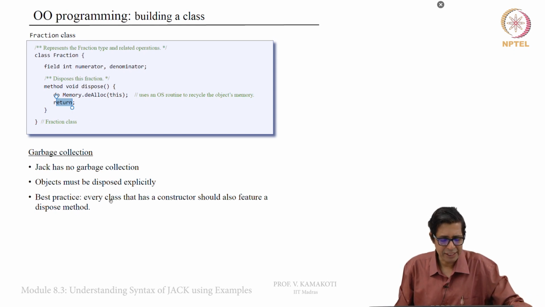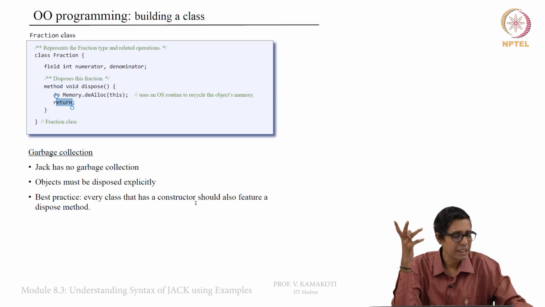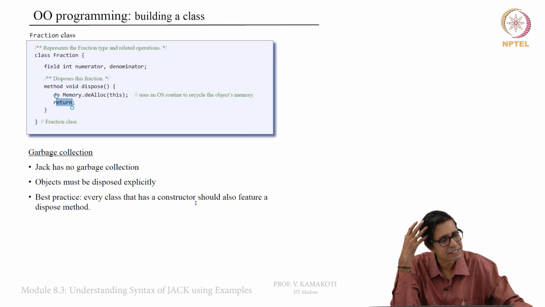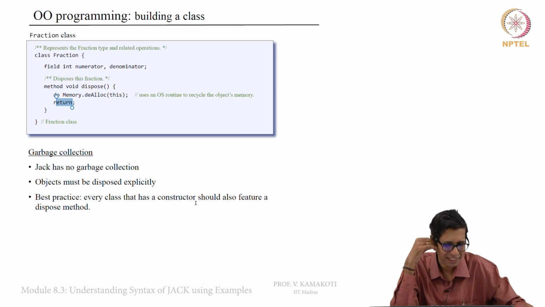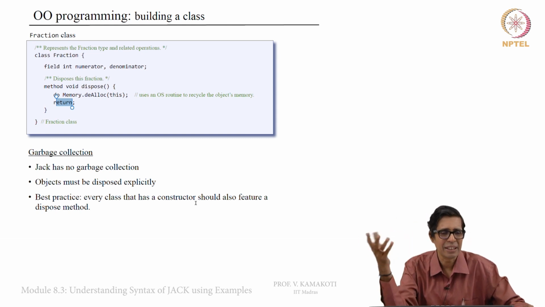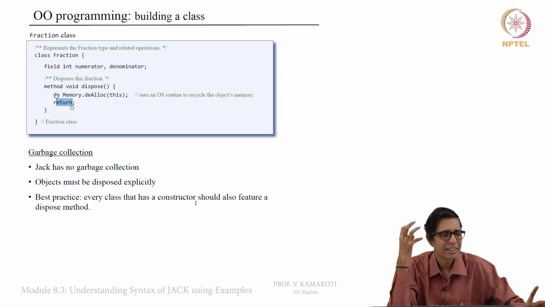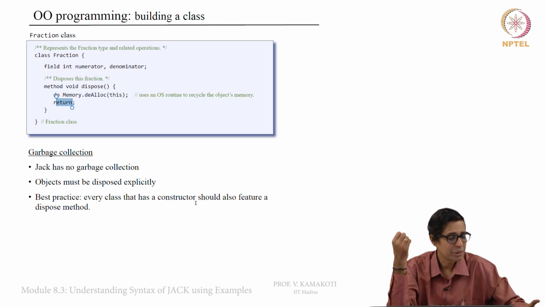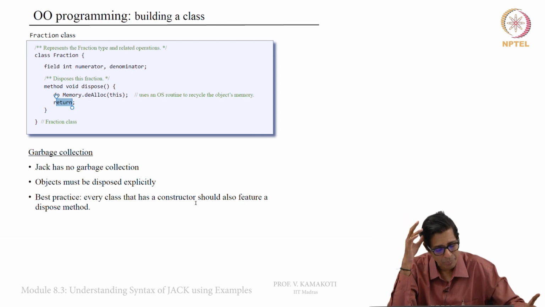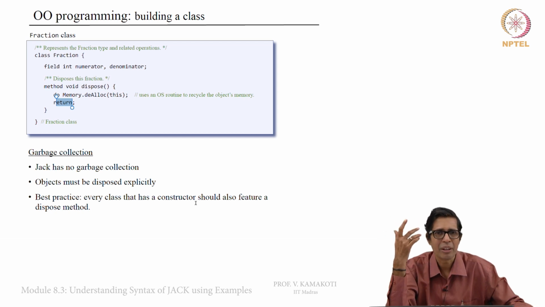So, best practice is every class that has a constructor should also feature a dispose method, and this is true even when your operating system does support garbage collection. Garbage is something like, for C people, if you have used malloc and you never used free, then that will be garbage.